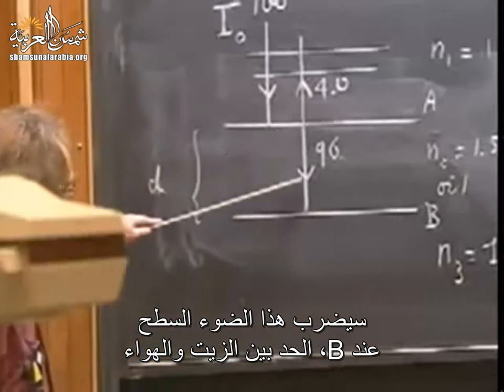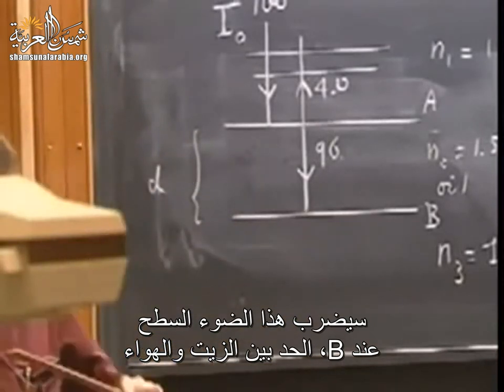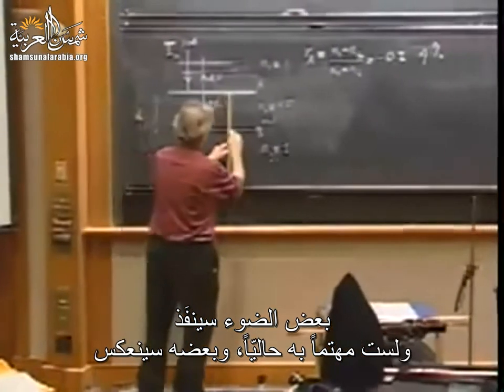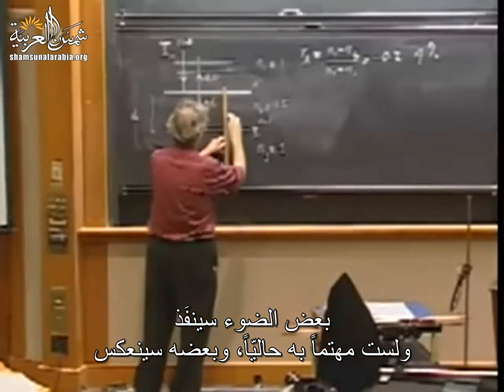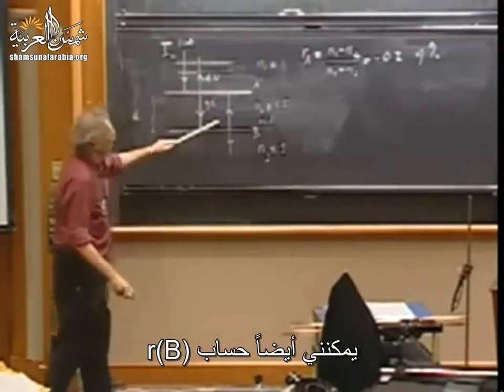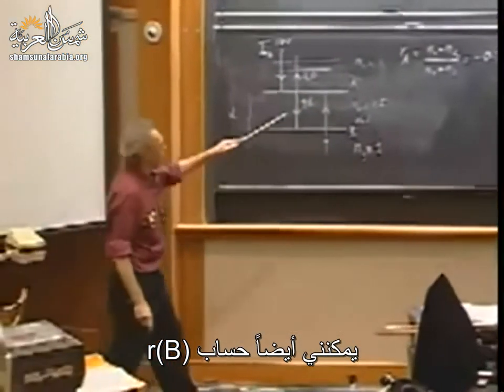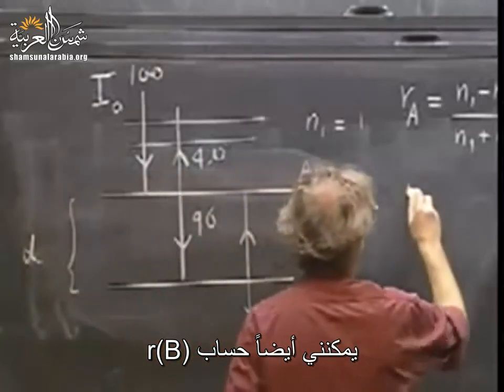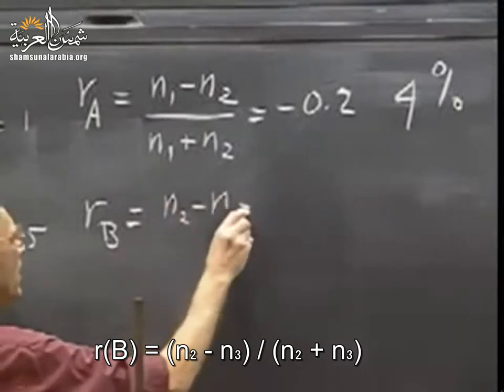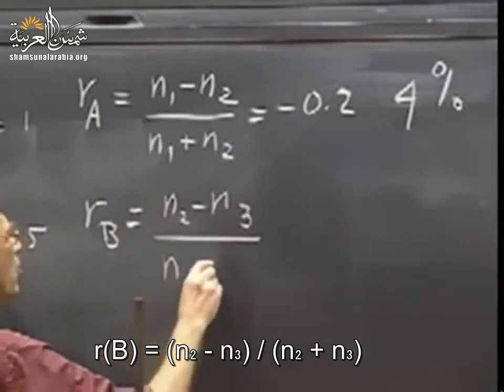So this light here hits the surface at B, the boundary between oil and air, and some of that light goes through, which I'm not interested in, and some of it comes back. And so I can calculate, again, the R value for that surface near B, which is now N2 minus N3 divided by N2 plus N3.